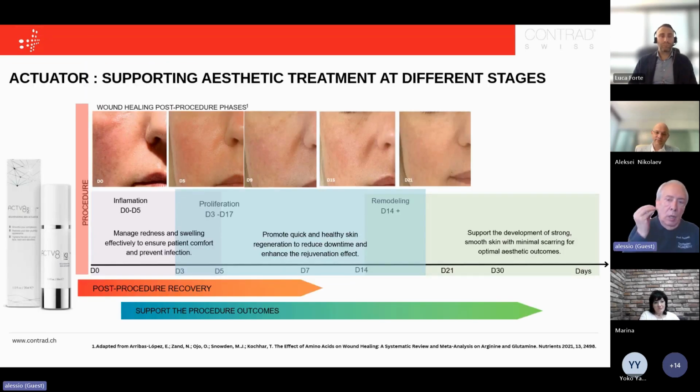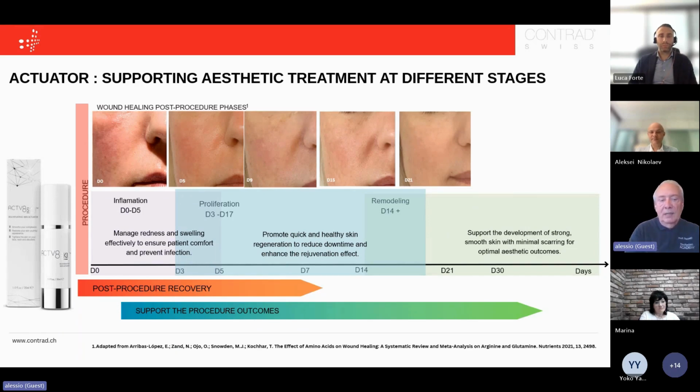And so our target was to support the aesthetic procedure treatment, an ablative procedure with a CO2 fractional with good power, so totally ablative laser.